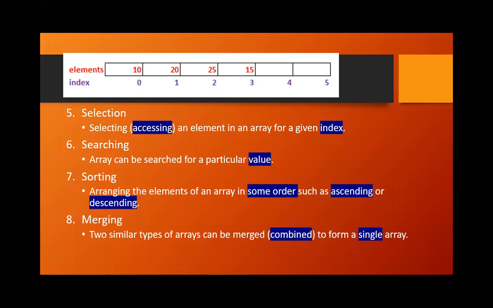If one is an integer array, the second should also be an integer array. Then we can merge the two arrays into a single array. Understood the operations?